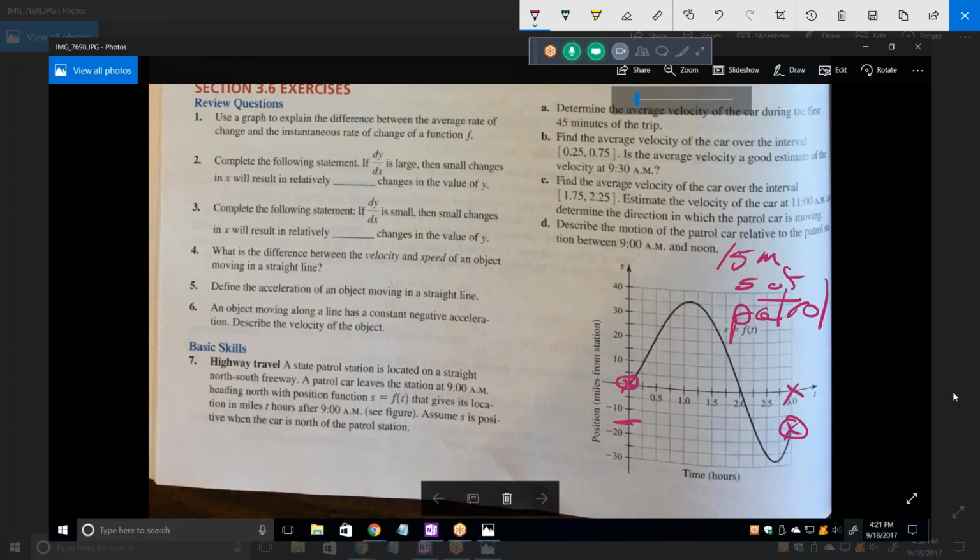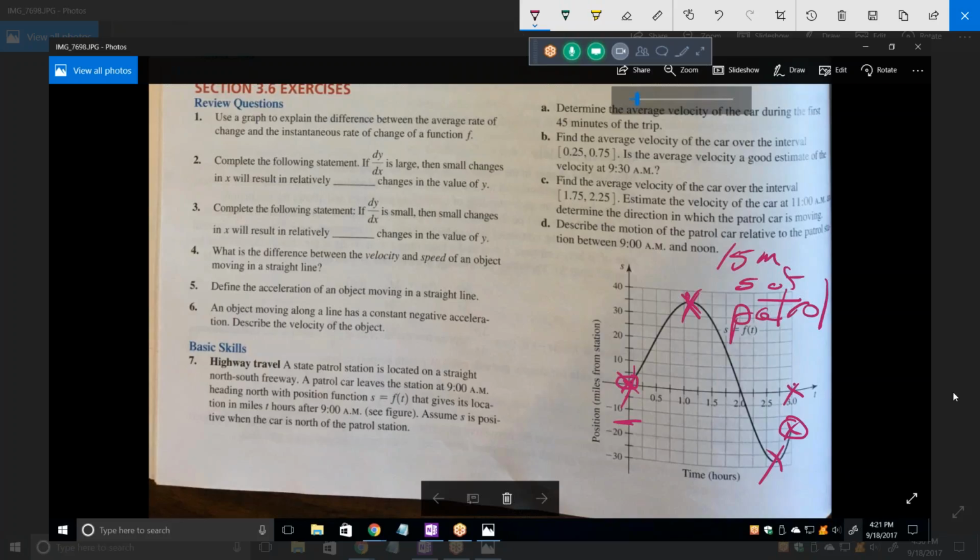Between those two times, between time 0 and time 3 hours, our patrol car goes north for 35 miles. Then it goes south for 63 miles. This whole thing from there to there is that patrol car going south.